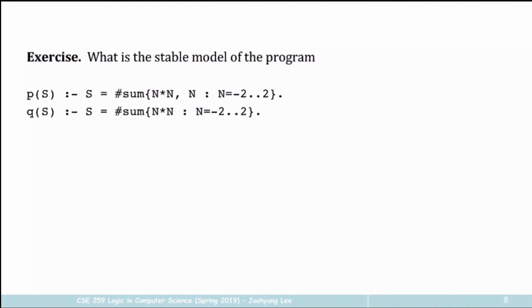Okay, so the next one. Actually, let's do this with Socrative. So I'm asking you to find the stable model of this program.